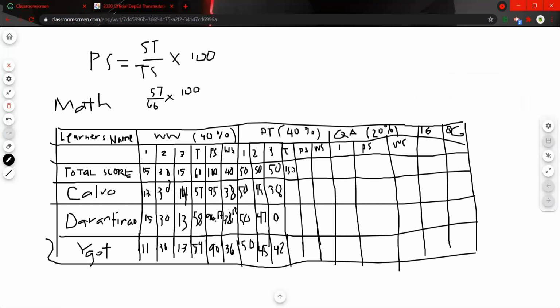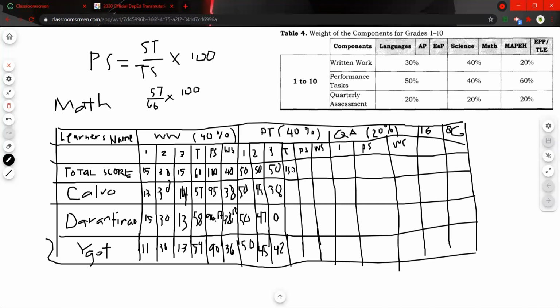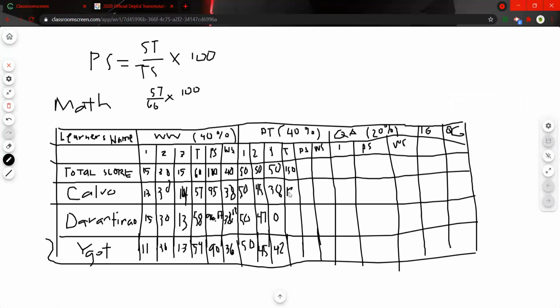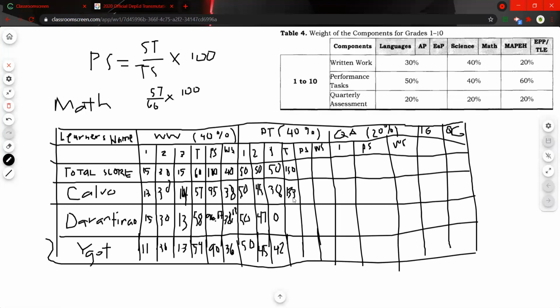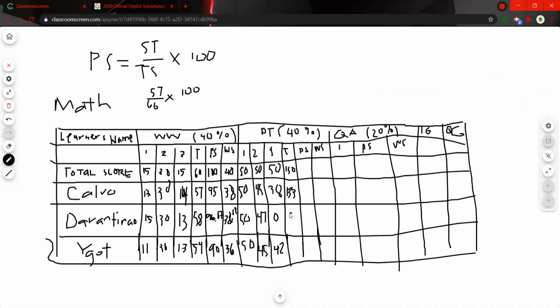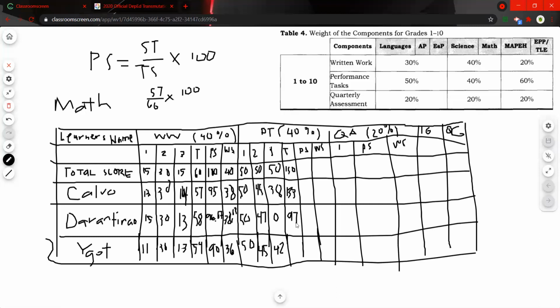For Calvo, that is 50 plus 45, that is 95, plus 38, that is equal to 133 out of 150. Then for Darantinaw, since the third performance task is 0, that is 50 plus 47, which is 97. While for Igot, that is 50 plus 45 plus 42, that is 137 out of 150.